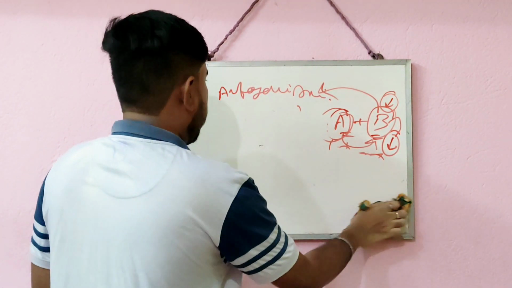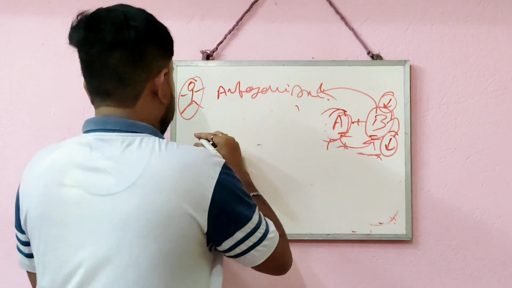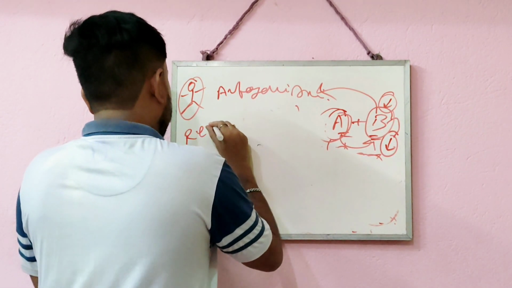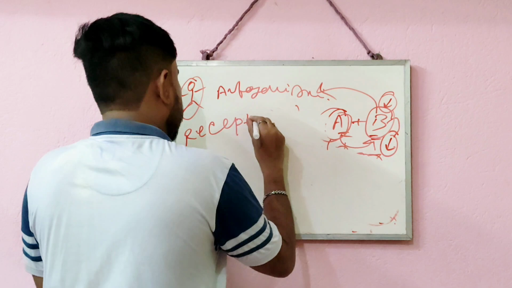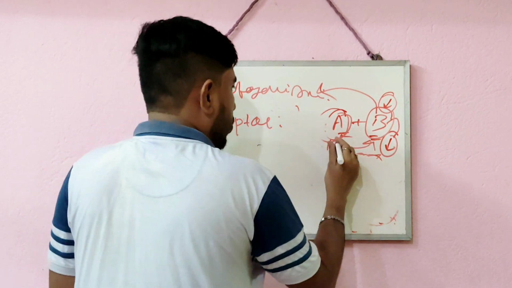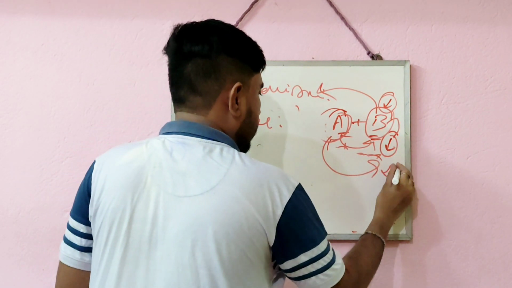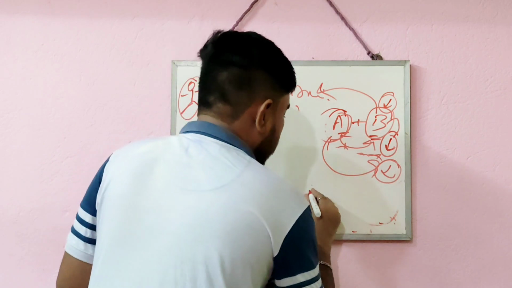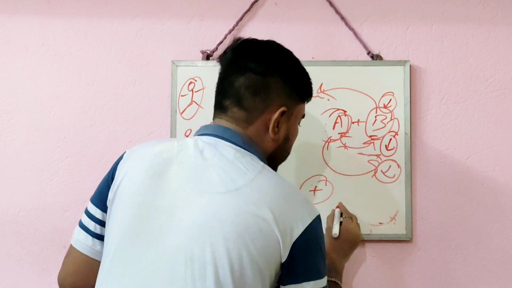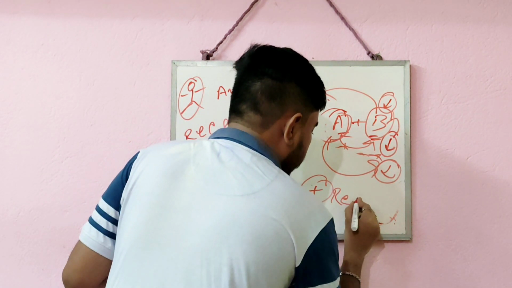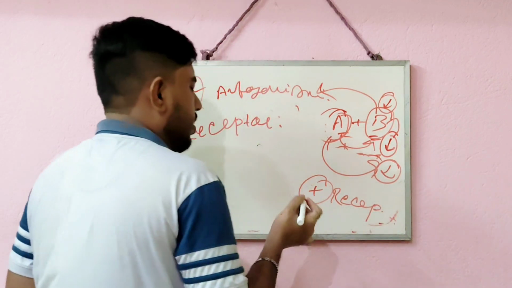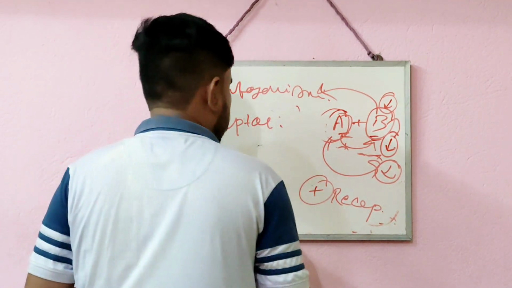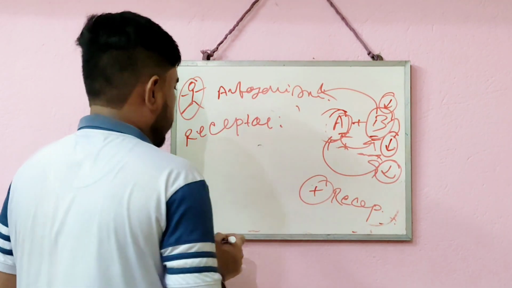The last type of antagonism is receptor antagonism. In this, one drug is going to inhibit the action of another drug by interacting or binding with specific receptors. In our body there are different receptors, which we have already discussed in the receptor chapter, you can go through there.